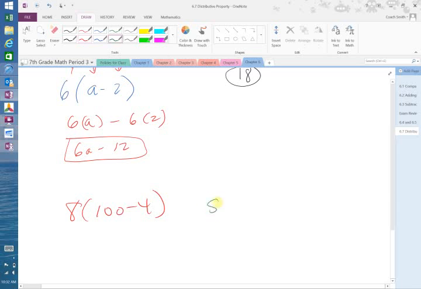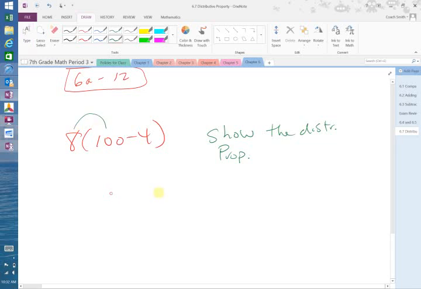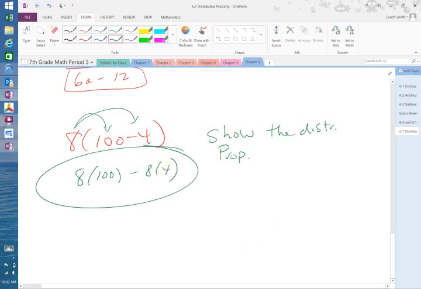So when they tell you to show or write an equivalent expression, show the distributive property. Or the other way they express it is, they tell you to write an equivalent expression using the distributive property. Well, that's easy. You distribute it. 8 times 100 minus 8 times 4. And you're done.